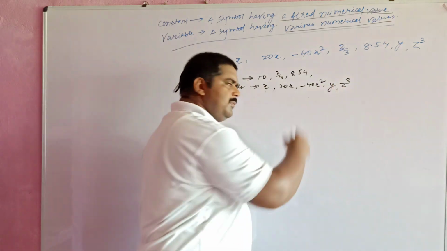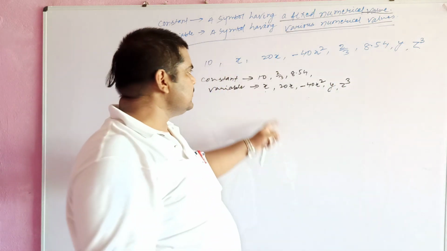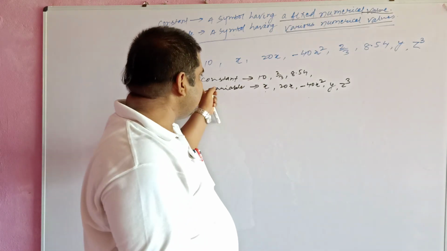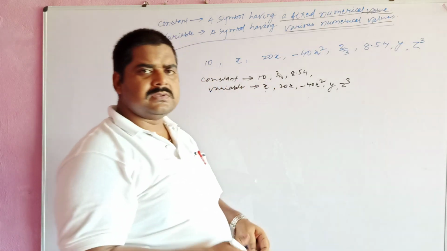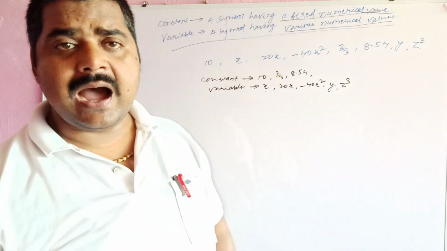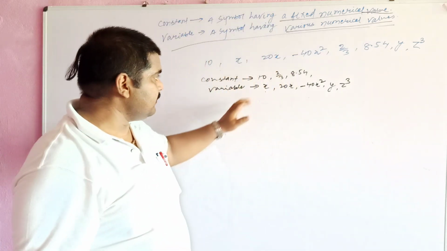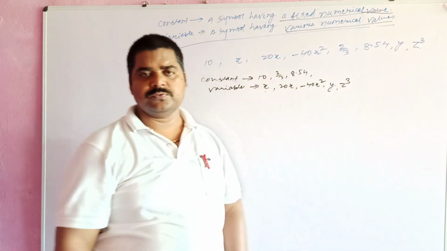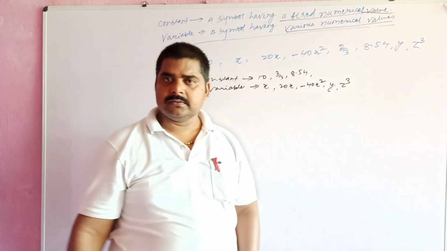All these have various values, so they are studied under variable. And 10, 2 upon 3, 4.54 and such numbers are studied under constant because they have fixed values. Let's go further.